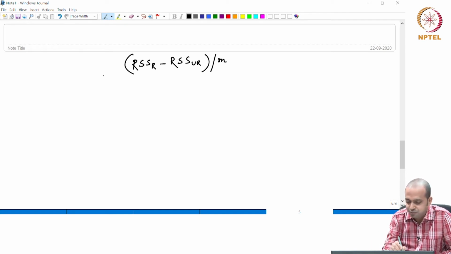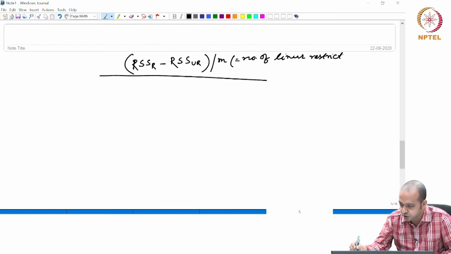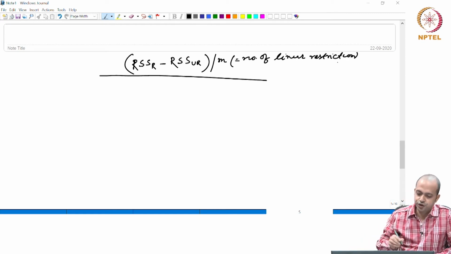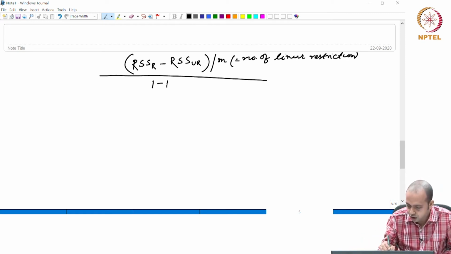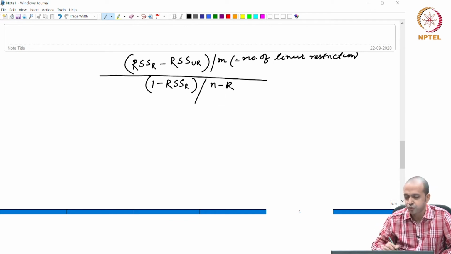Please keep in mind, M is the number of linear restrictions, which is 1 in this particular context, divided by RSS restricted over N minus K, where K is the number of parameters to be estimated in the restricted model.